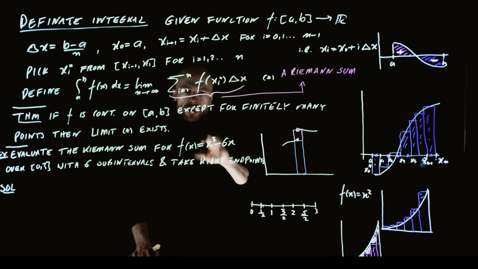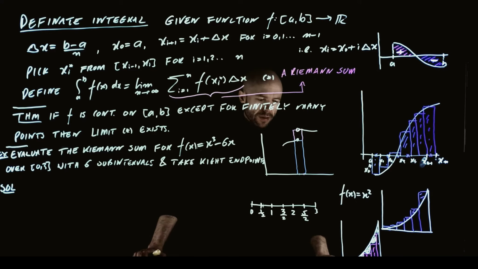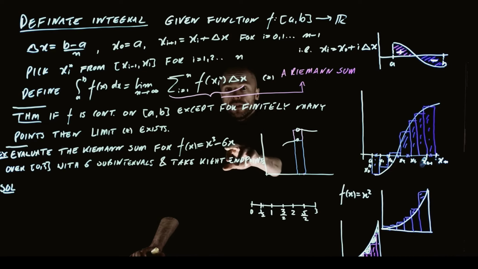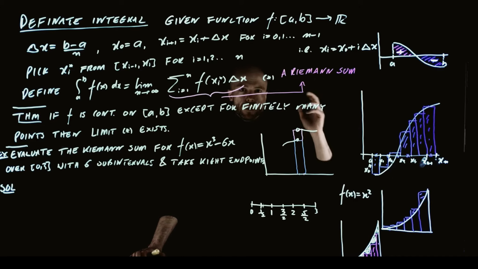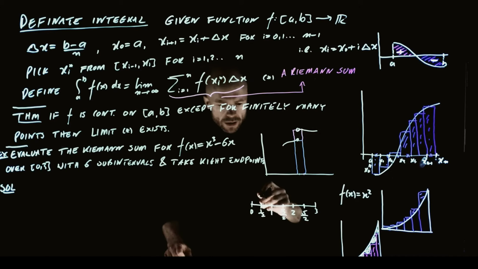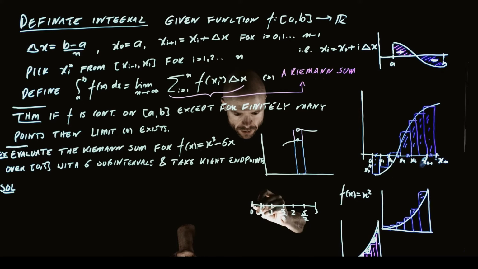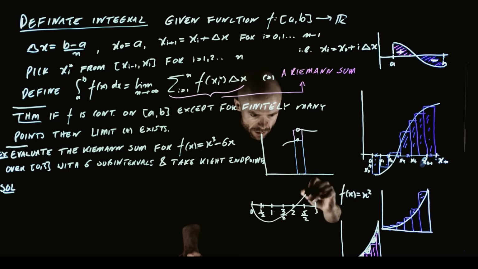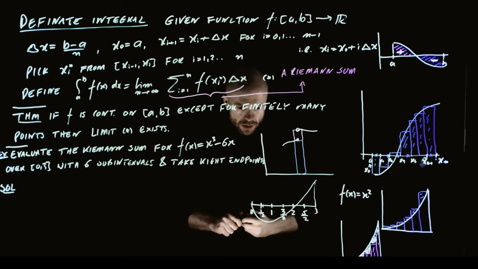And then at 3, 3 to the 3 is 3 times 3 times 3, so it's 9 times 3, which is 27. And then 3 times 6 is 18, so it's going to be positive, so like 9 at 3. So it starts off at 0, goes down, and goes up. So something like this. Again, it's just rough.